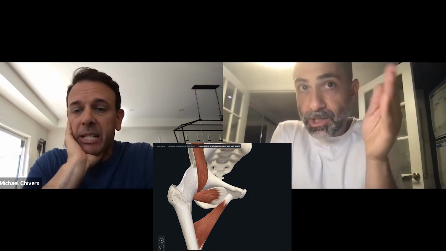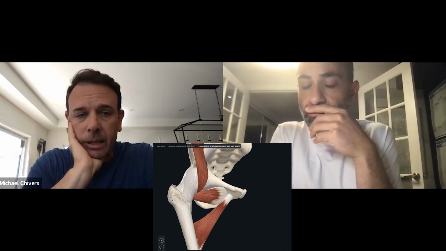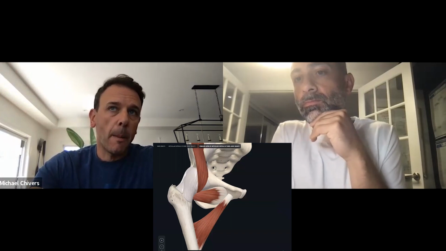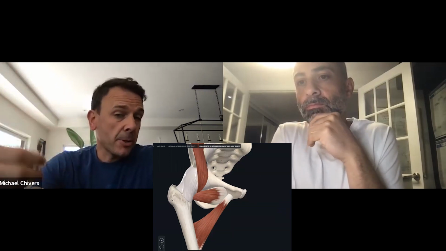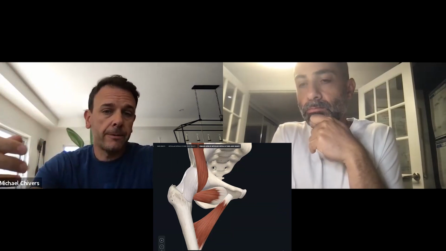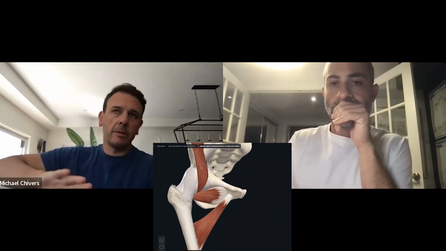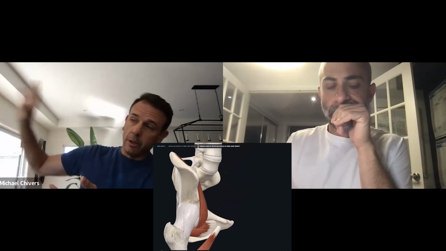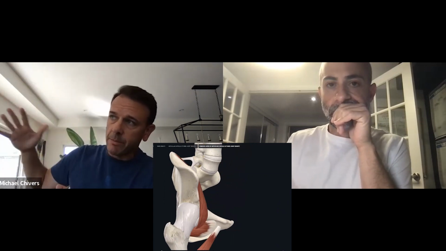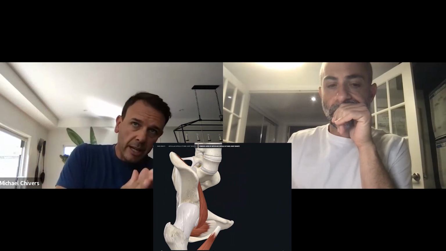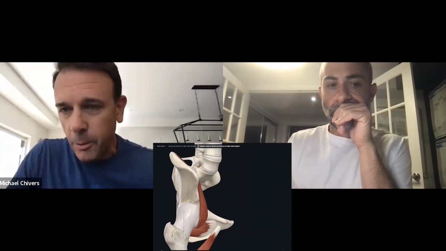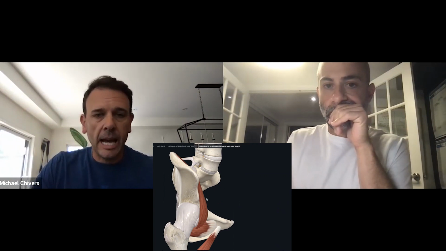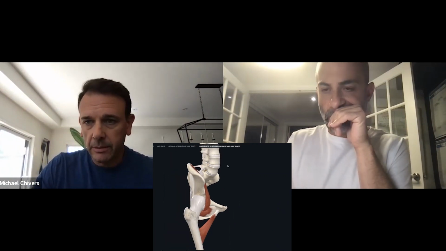Based on bipedal stresses, we adapted by thickening certain areas of connective tissue, which later in time were given these names, but irrespective of those names, those thickenings are there to regulate the space that was available to us becoming bipedal and being these adaptive organisms, right?